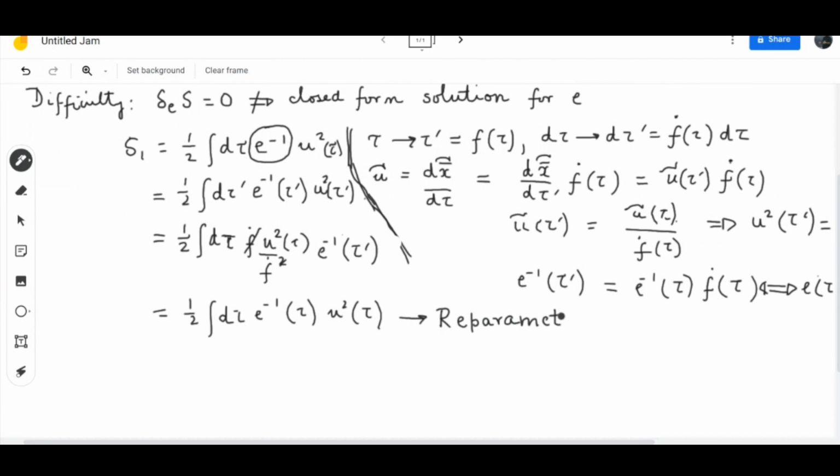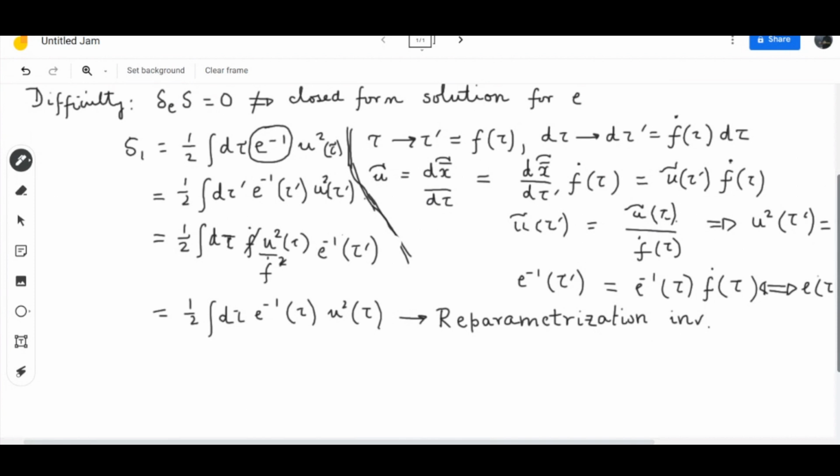Sir, in the question paper, the question was a little different. It was asked to derive the standard form of the action, S[x], that we have derived, and if we set m equal to 0 at the onset, what problem does one face to derive the action in the standard form?